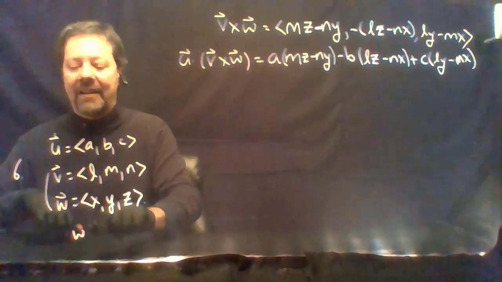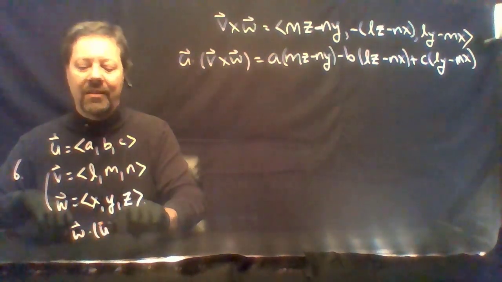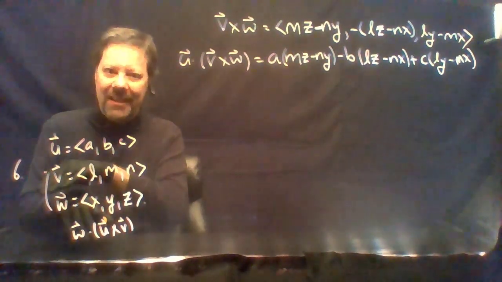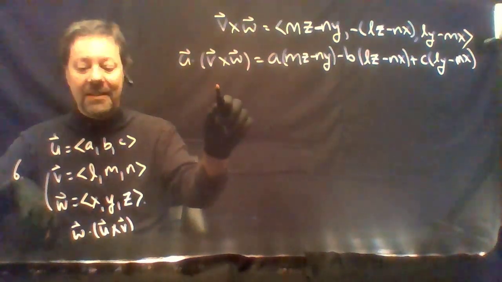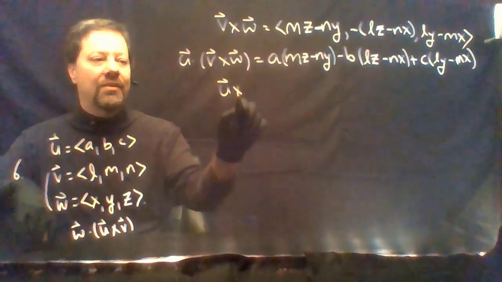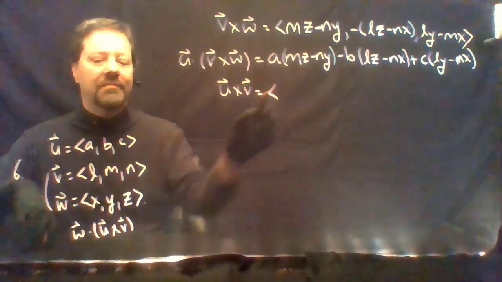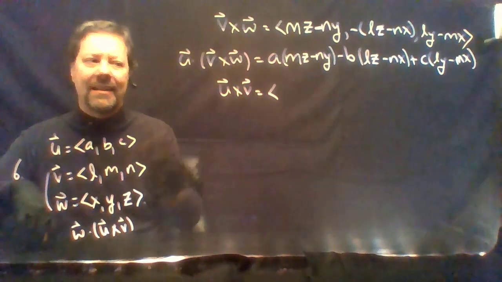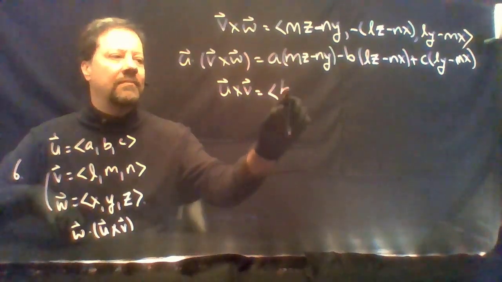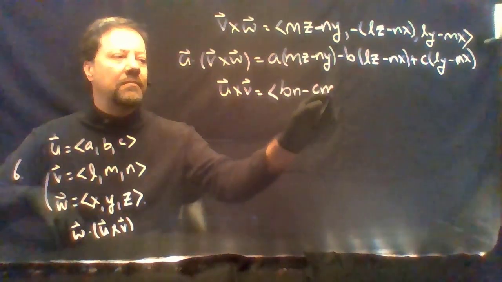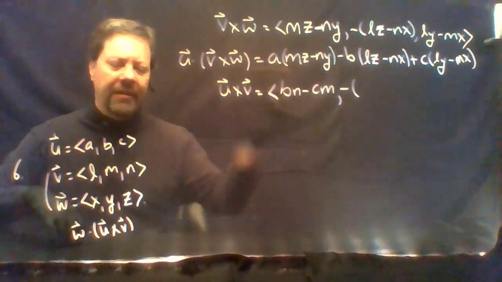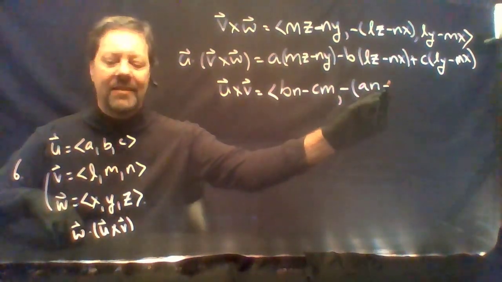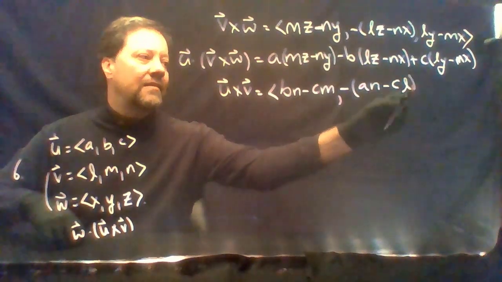We need to compare that with w dot u cross v, a cyclic permutation. So let's first calculate u cross v. U cross v, perfectly stacked. BN minus CM. We have to usually put that minus. AN minus CL.